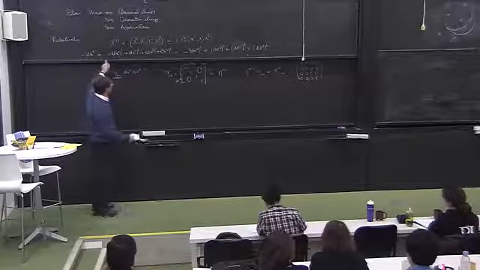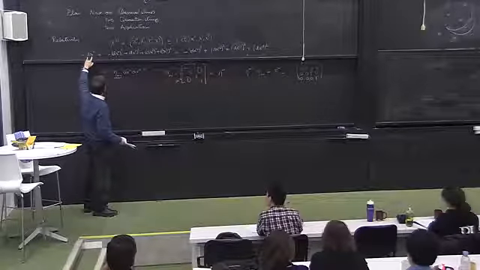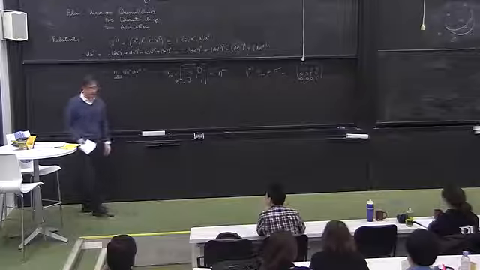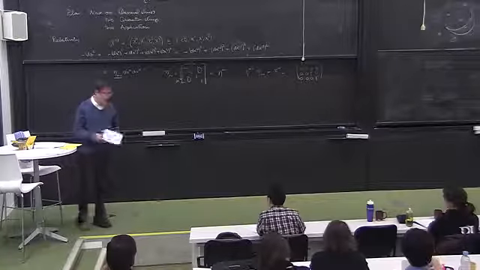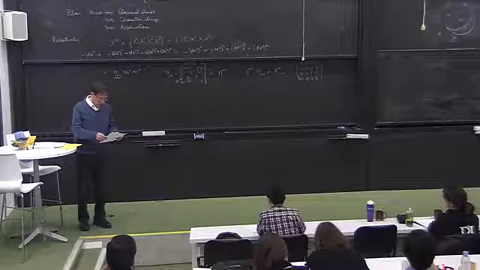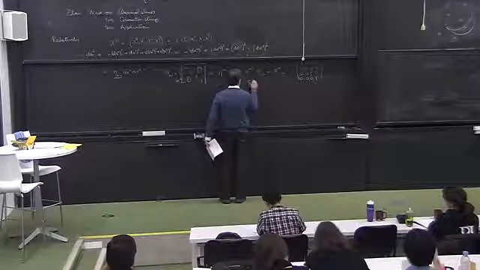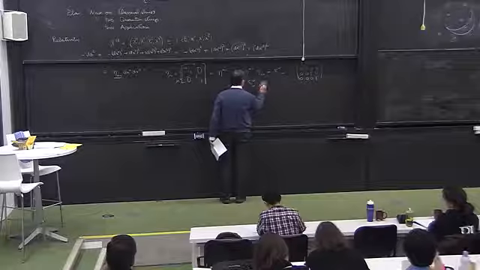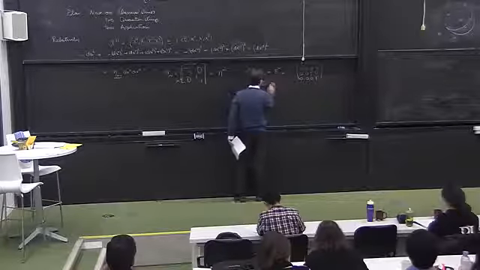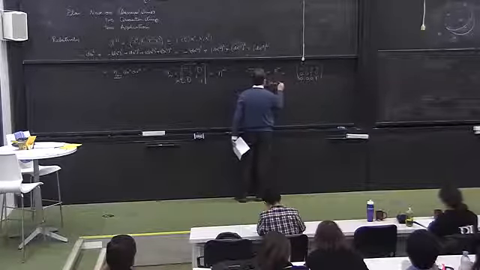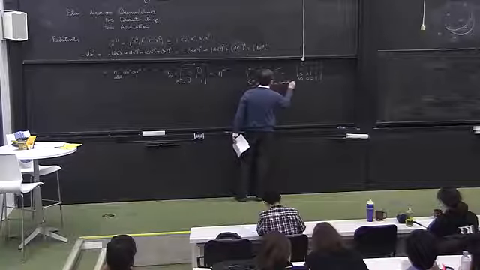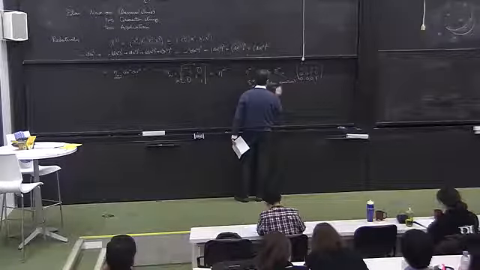So in this convention, time-like intervals have positive ds squared, and that's convenient. So a couple of remarks here. Delta mu mu, summed over repeated indices, is equal to d, the dimension of space-time. In this case it would be 4.